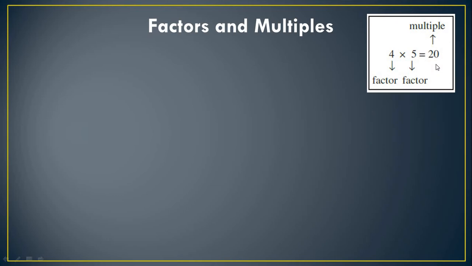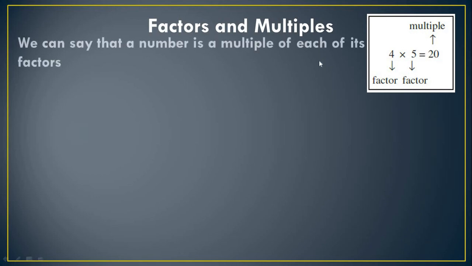So 20 is a multiple, because if you multiply 4 into 5, we get the answer 20. 20 is a multiple and its factors are 4 and 5. So we can say that a number is a multiple of each of its factors.